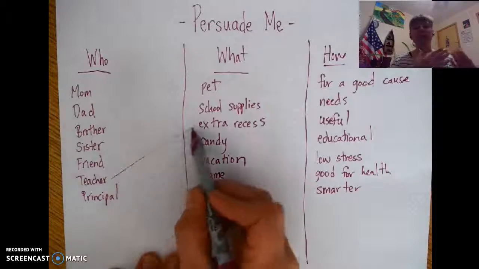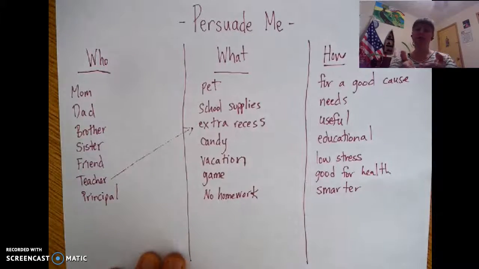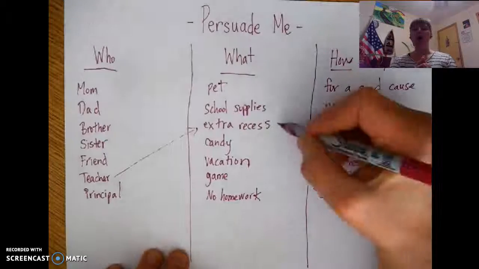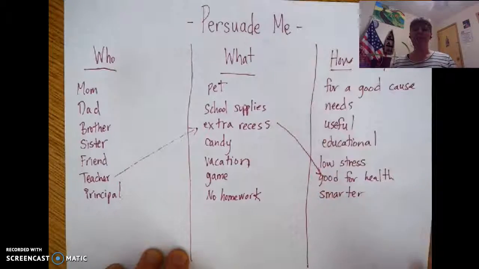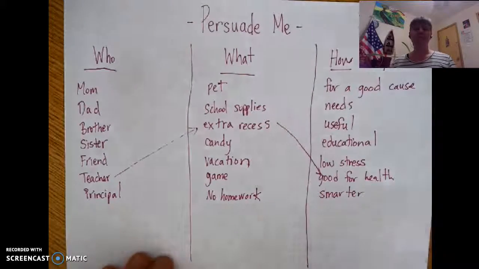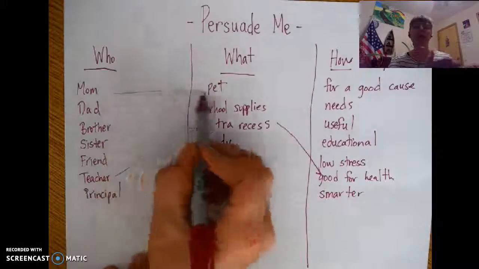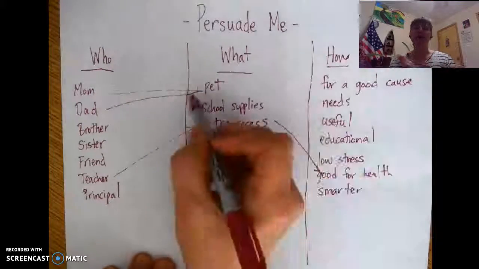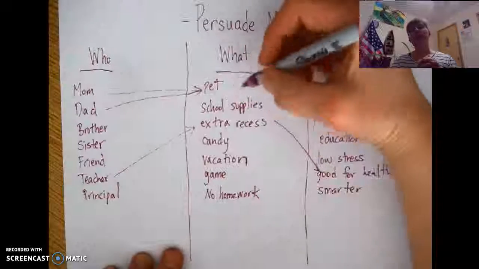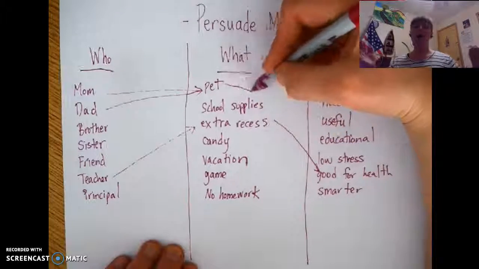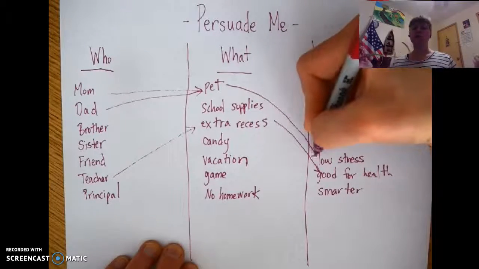For example, you can persuade the teacher to give you extra recess because it's good for your health, okay? Maybe you want to persuade mom or dad to get a pet because pets can lower stress.